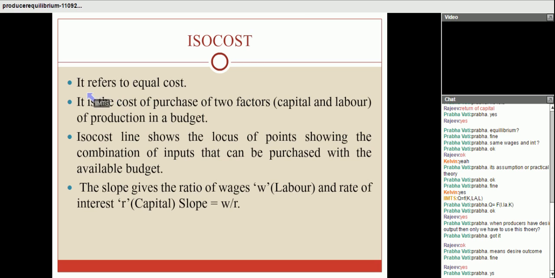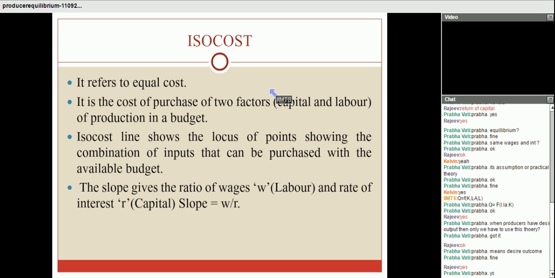Now next is isocost. It refers to equal cost. It is the cost of purchase of two factors of production in a budget. Every firm is bound by a budget, so keeping that budget in mind, the best combination of the cost of the two factors has to be judged.